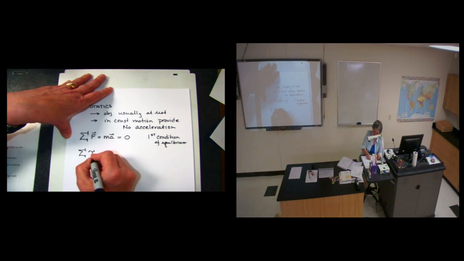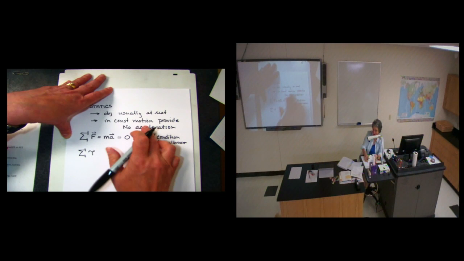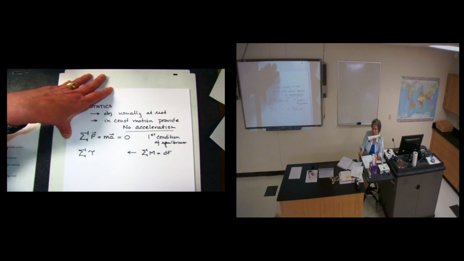Even though we ended up dealing with the moments and simplified things a lot, it comes back to the fact that if I have torques, I have that angular acceleration, and as long as I'm in statics, I had no acceleration. I could still be in constant motion; I just can't have an acceleration. And that's where we were, and this was our second condition of equilibrium.